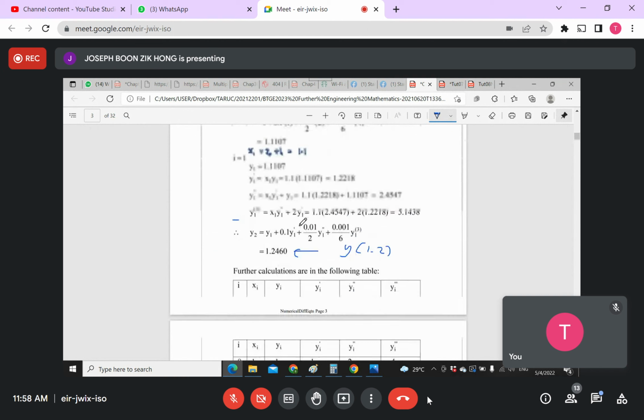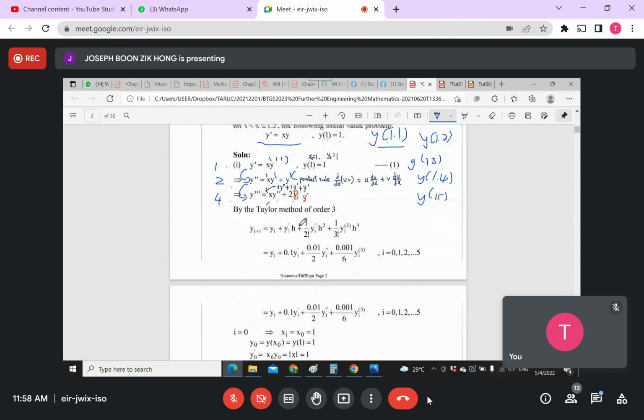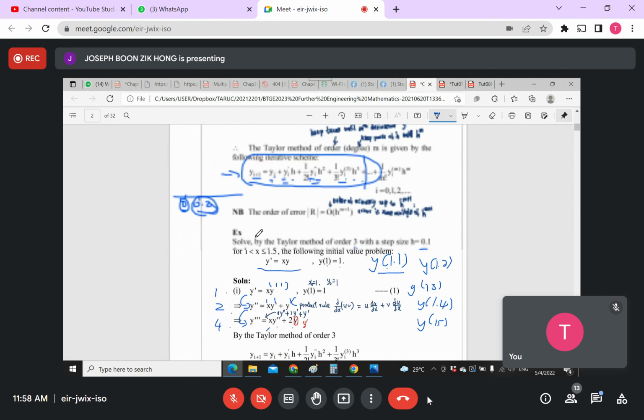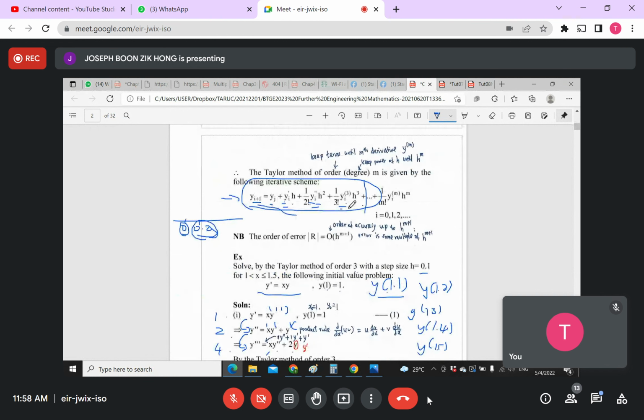If you follow back the Taylor series, this is a full Taylor series. When your h is small enough, this one's still okay.